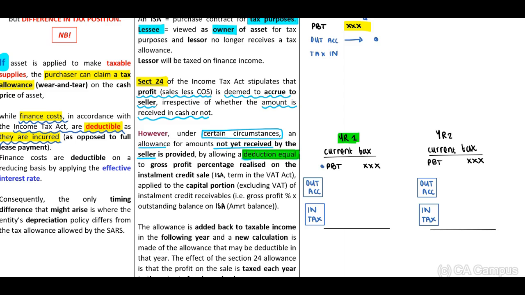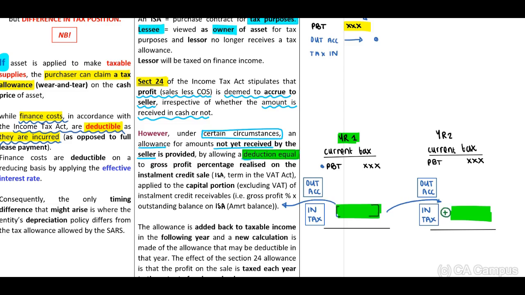Now they indicate to us that they will allow a deduction in terms of Section 24, and you are able to read the calculation formula. Okay, and then they indicate to us in the following year, when the actual profit is calculated, we may add back this deduction calculated in year 1.